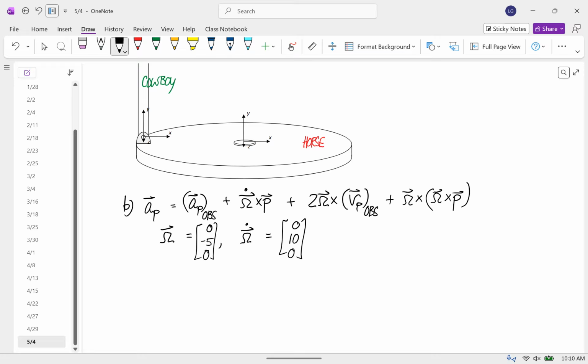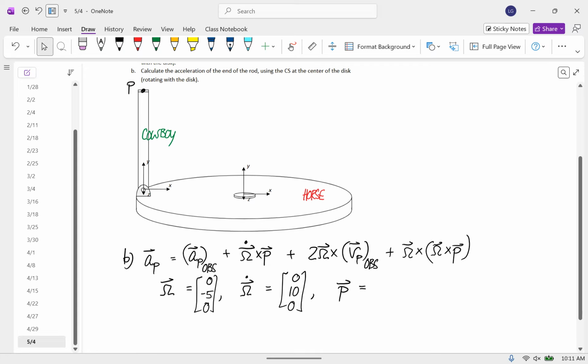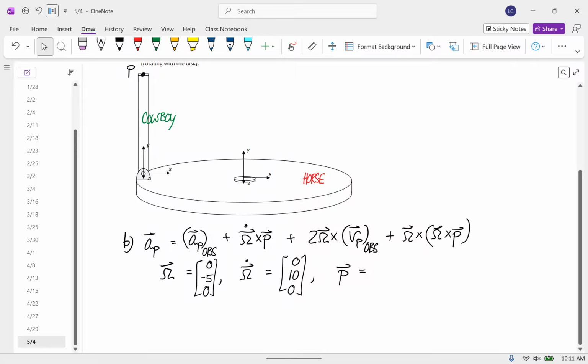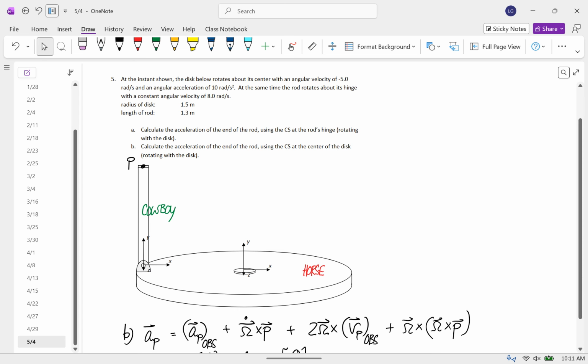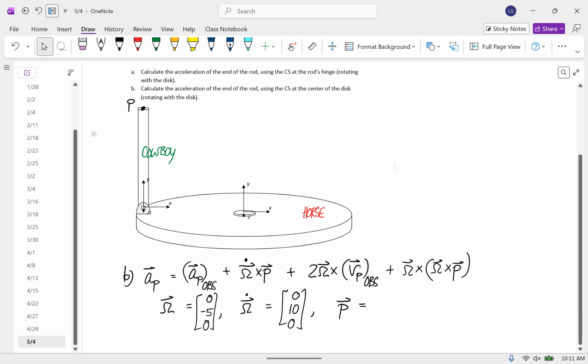Okay, at this instant, because remember, we're always doing this at a single instant, the position vector of P. Now, let's think about that. Well, the position vector goes from the origin to the point that you care about. So that's going to be, let's see, the radius of the disk is 1.5, the length of the rod is 1.3.